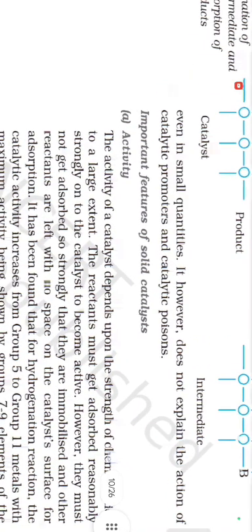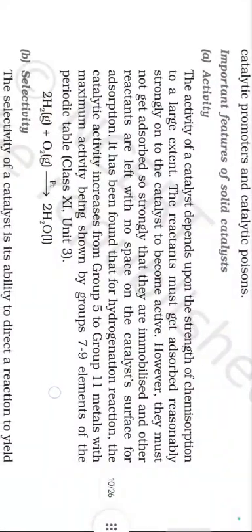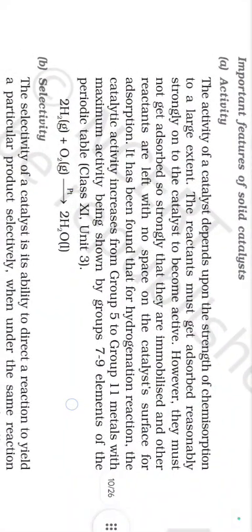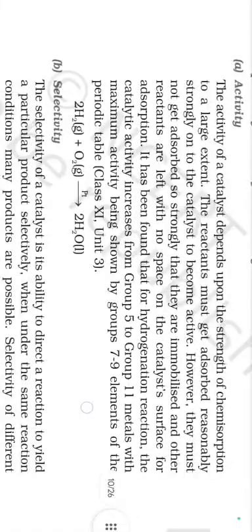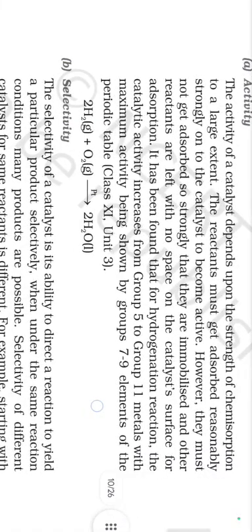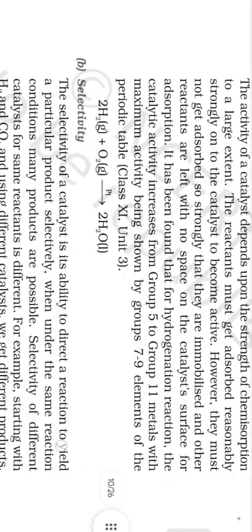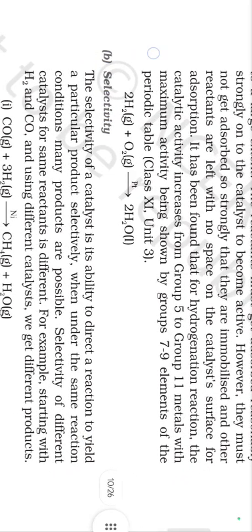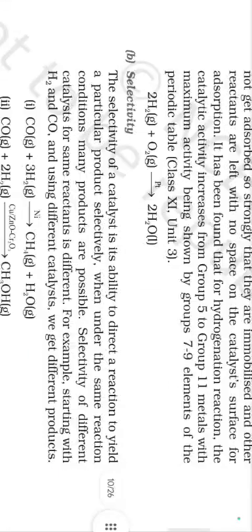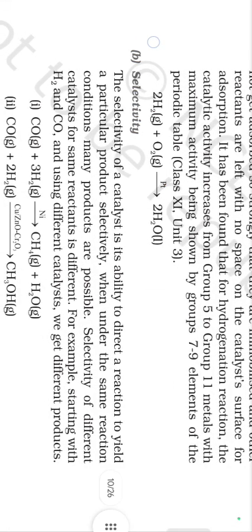Important features of solid catalyst. A. Activity. The activity of a catalyst depends upon the strength of chemisorption to a large extent. The reactants must get adsorbed reasonably strongly on the catalyst to become active. However, they must not get adsorbed so strongly that they are immobilized and other reactants are left with no space on the catalyst surface for adsorption.